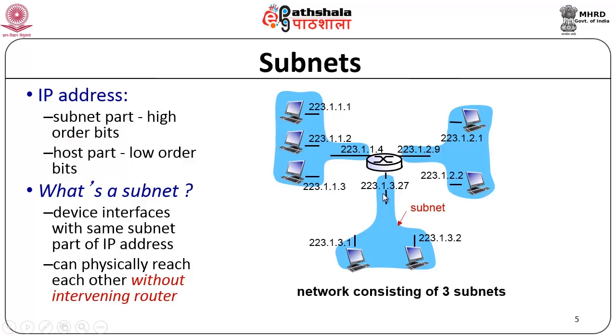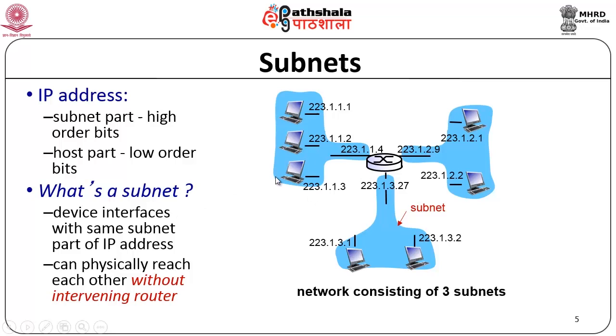You have 223.1.3.27, this is 1.3.1 and this is 1.3.2. Up to 223.1.3 is common for all the nodes in this subnetwork. Similarly, in this subnetwork they have a common prefix which is 223.1.1, and this has similarly 223.1.2 and so on.